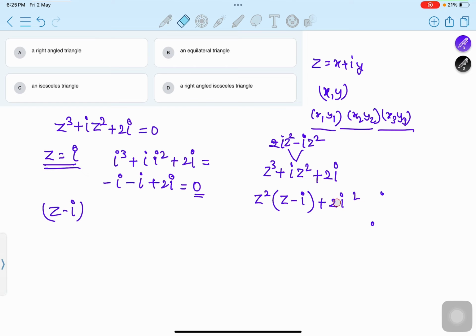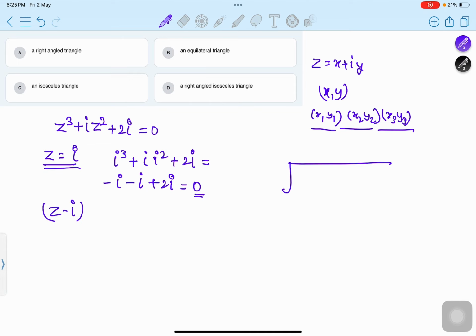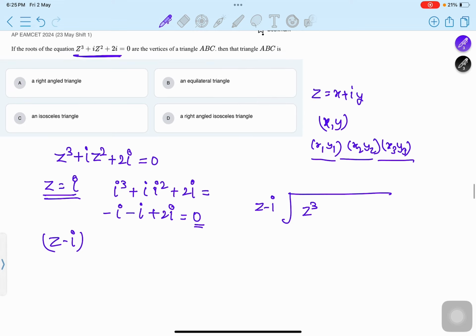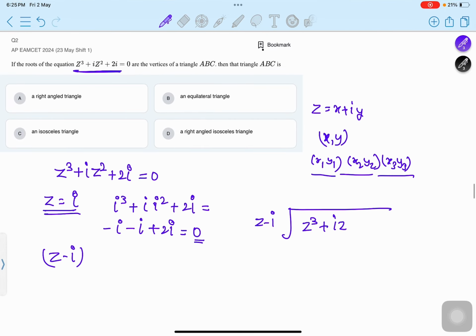You never use this one, you can directly divide also, it is possible, you can divide z minus iota in z cube plus iota z square plus 2 iota, it is the best method. So first time is a z square time, so z square, the z cube minus iota z square simply, and plus minus cancel out, so the 4 times iota z square plus 2 iota.